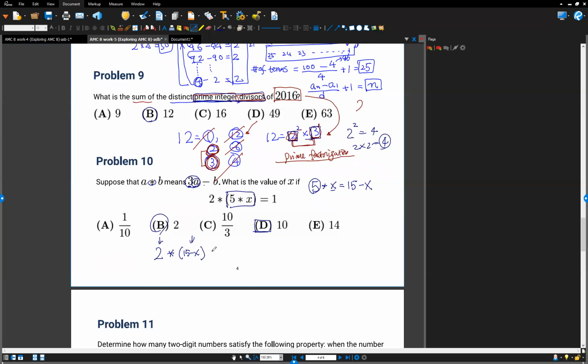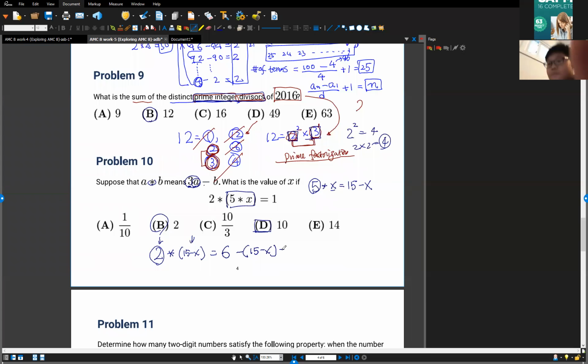All right, second number, 3 times 2. 3 times 2 is 6. Minus the second number, 15 minus X. Wow, that turns out to be 1, isn't it? Is it okay? That turns out to be 1. Now let's solve for X. 6 minus 1 is 5.